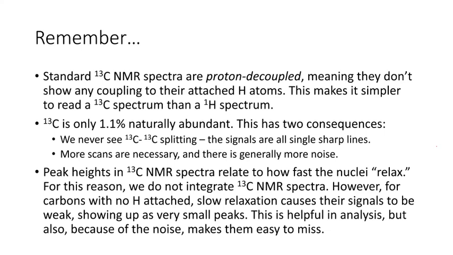So this is really helpful in analysis, because if you see little tiny peaks in the C13 spectrum, you can be pretty sure that those are carbons that have no hydrogens attached. But also it makes it a little tricky because sometimes the noise is significant and those little peaks are just barely sticking out of the noise, or they might not even be sticking out of the noise because you haven't run enough scans. So they can be easy to miss.